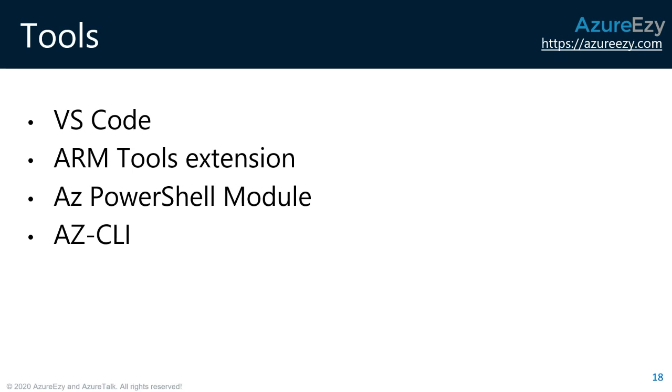It is another extension on the marketplace, released by Microsoft itself. You have the Az PowerShell module, which you will need to connect to Azure. Again, this is something more or less used by infrastructure engineers on a day-to-day basis, but you may need to install it and get a feel and understanding of it.